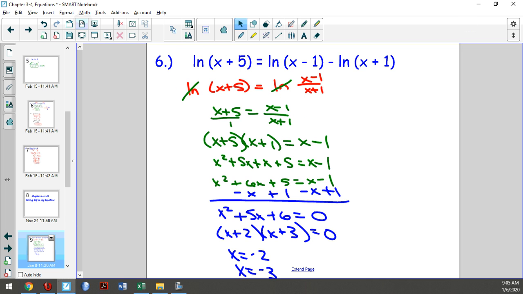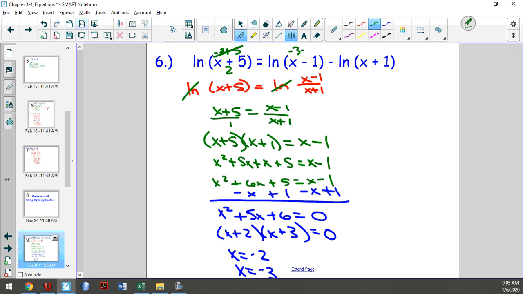Now, what did I tell you that you had to be careful of? You have to be careful that whenever you plug in a negative into your x value, that natural log is of a positive number, right? So if I mentally plug this in, I'm going to have a -3 plus 5. That gives me a +2. I'm okay there. A -3 minus 1 is going to give me a -4.